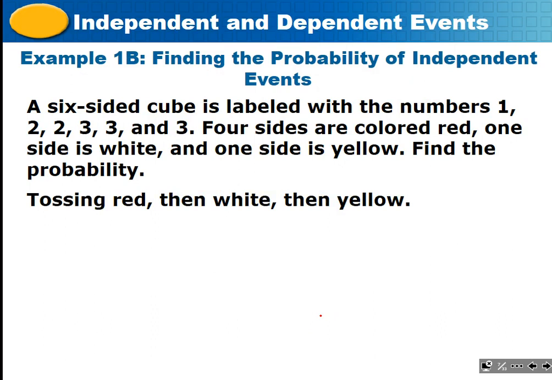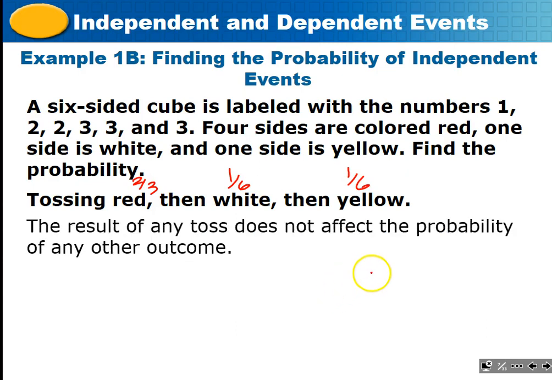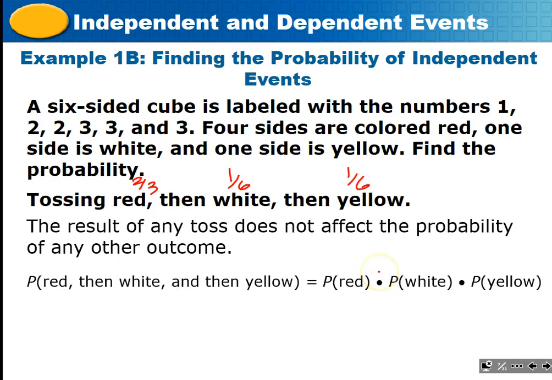Now the other one is tossing a red, then a white, then a yellow. If you remember, when we did red, it was 2/3. White was 1/6, and so was yellow. Here again, we're going to multiply those 3 probabilities together. The result of any toss does not affect the probability of any other outcome. So we multiply the red times the white times the yellow.